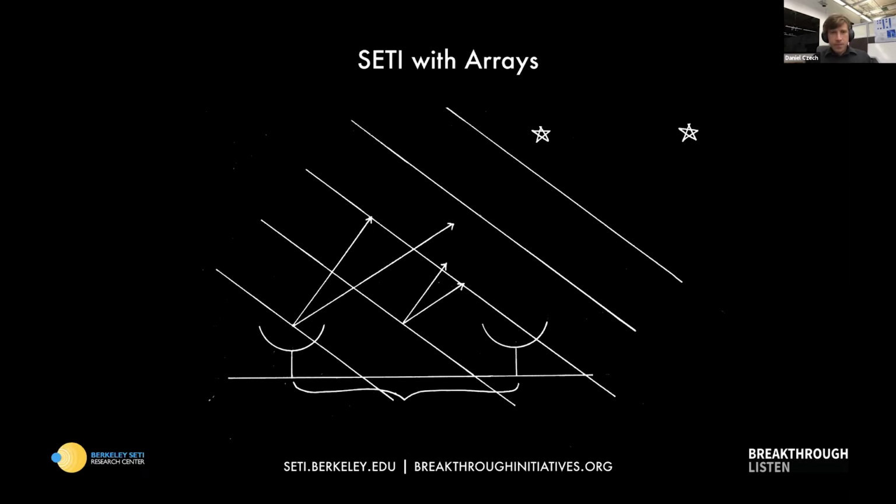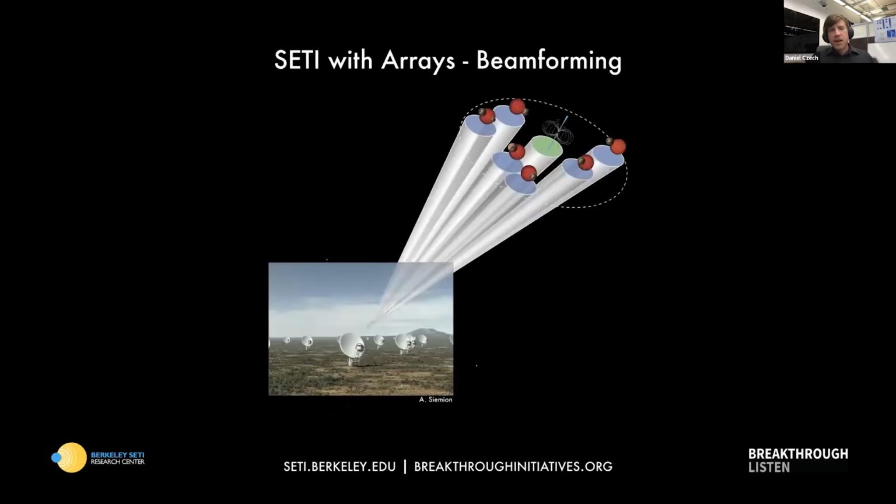The other thing that can be done here is electronically steered beams. So this slide illustrates beamforming. Your individual small dishes have a field of view, that area of the sky that they're sensitive to.